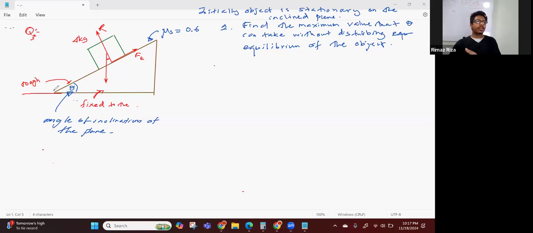You have to find the maximum value of theta without breaking the equilibrium. It's a small question. If you did this type of question once, then you can do it easily actually.